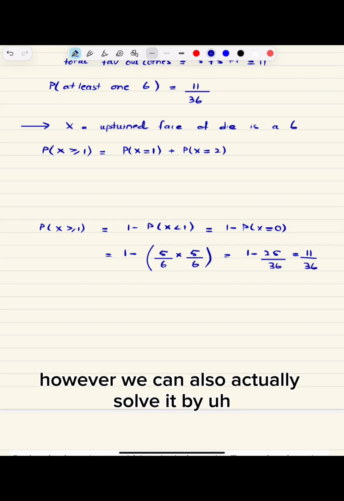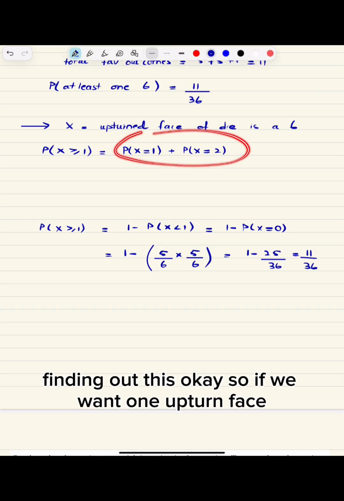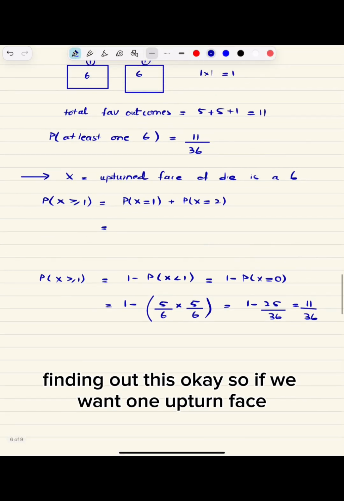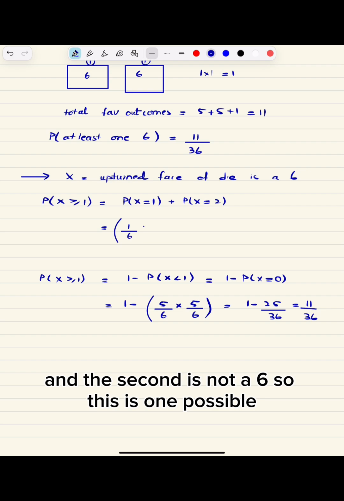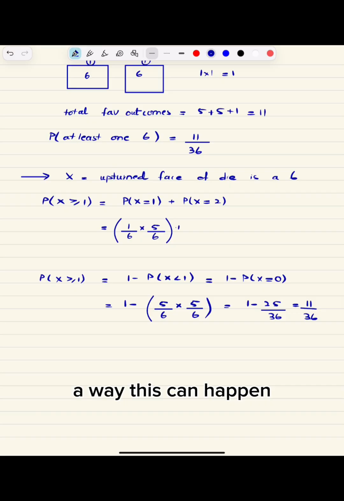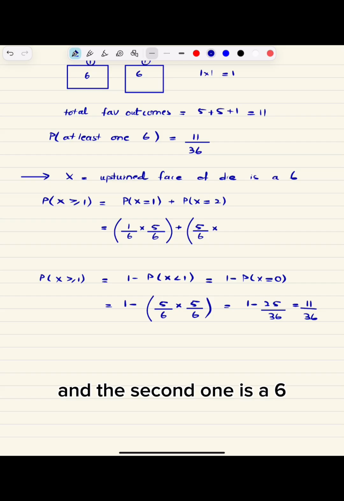However, we can also solve it by finding this. If we want one upturned face to be a 6, the first could be a 6 and the second is not a 6. So this is one possible way this can happen, or it could be that the first is not a 6 and the second one is a 6.